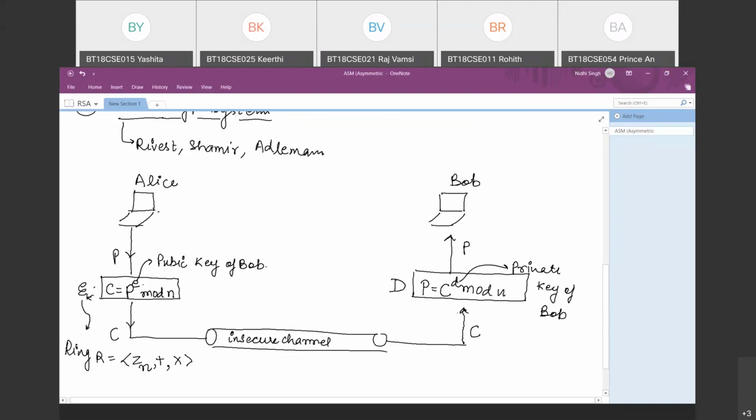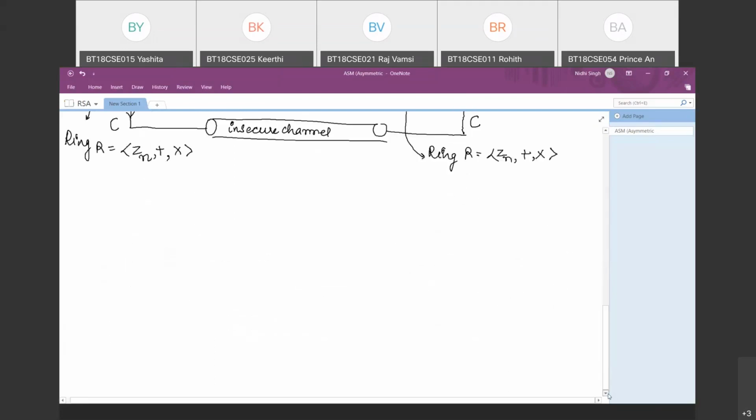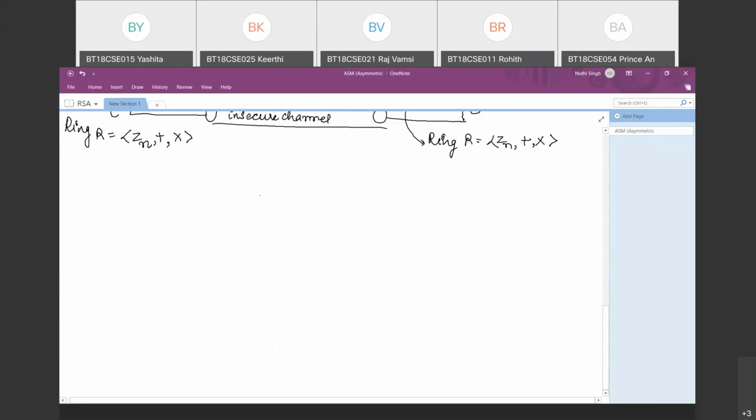The same thing, the decryption process is also associated with the same algebraic structure, that is ring, set of residues Zn, plus and multiplication. But my key generation algorithm is not rendered over the ring algebraic structure.